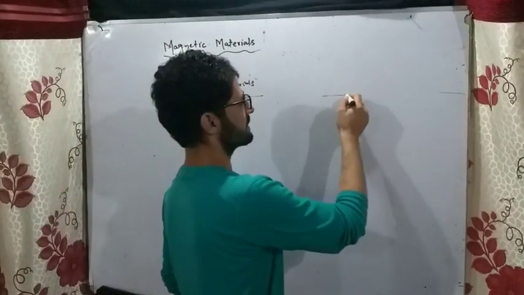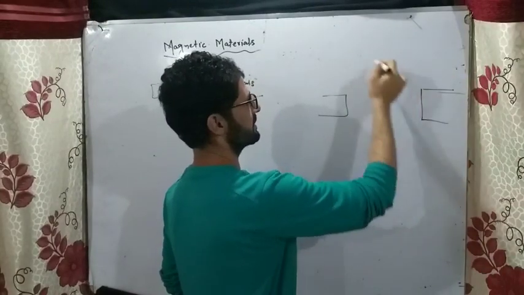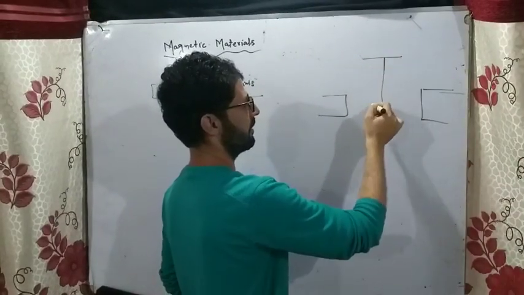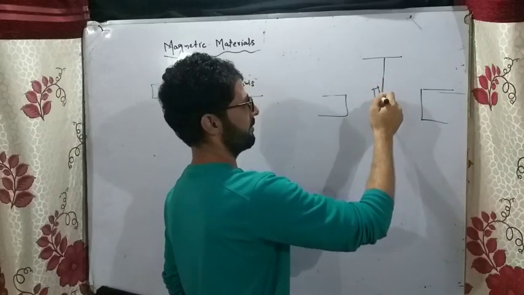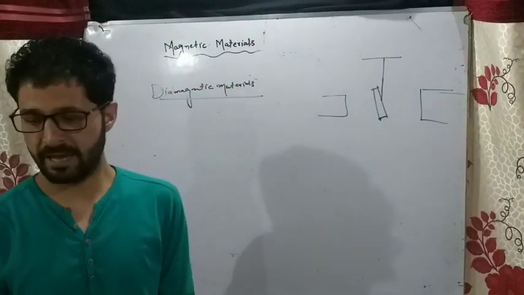If this is the magnetic field, a freely suspended diamagnetic rod will adjust itself perpendicular to the applied magnetic field.